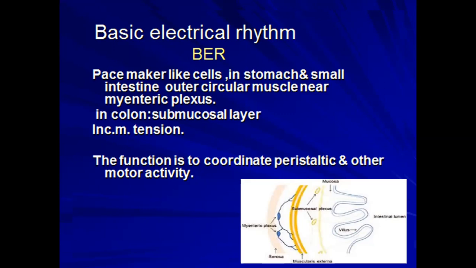Their function is to increase muscle tension. In the colon, they are in the submucosal layer. The function of the basic electrical rhythm is to coordinate peristalsis and other motor activity.